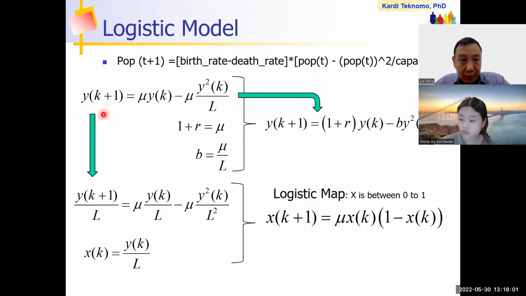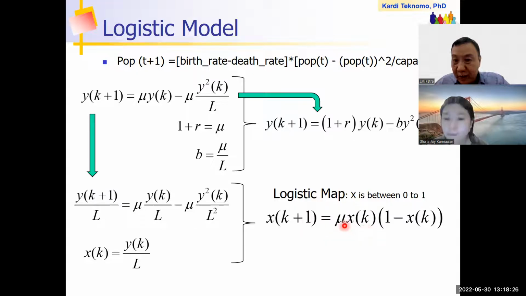From this model we can simplify it this way, and let's call yk over L as xk. Remember, yk over L becomes xk. Then you will have a simplified logistic map with only one parameter, mu.